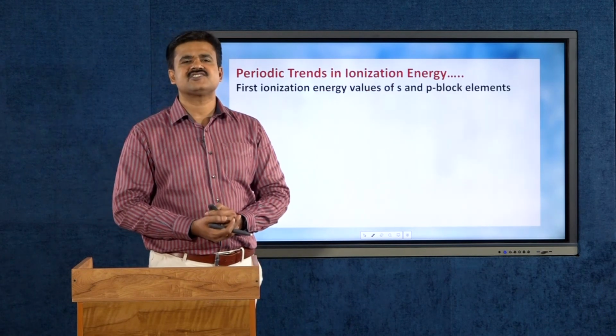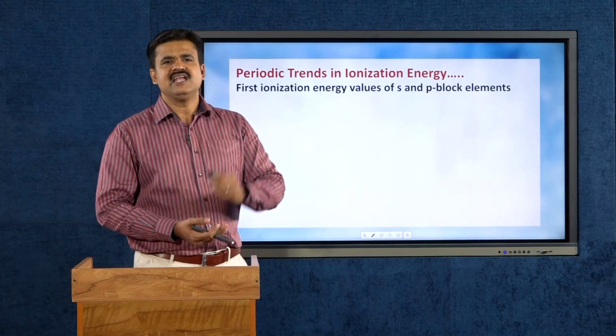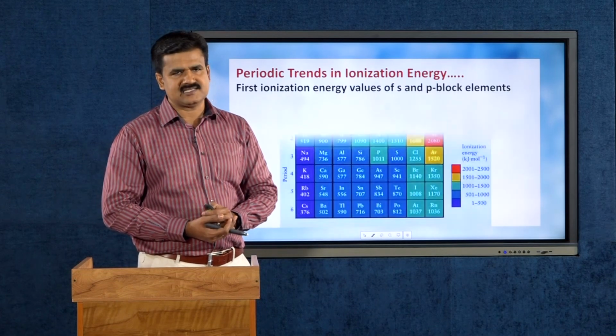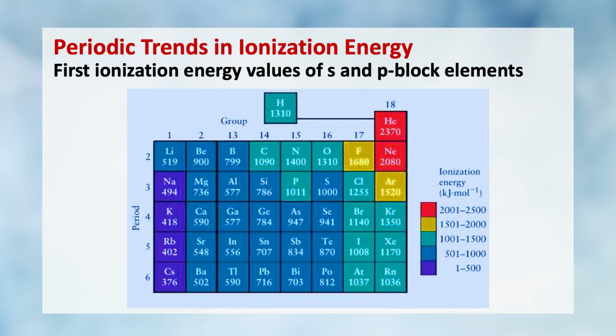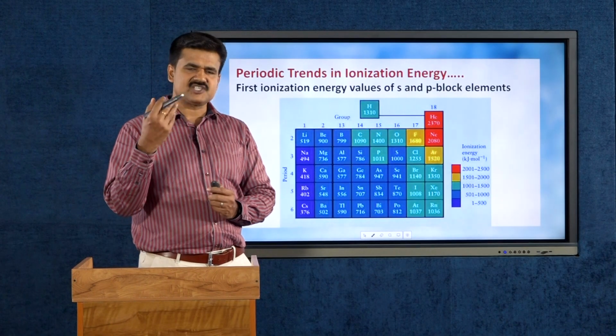First, ionization energy values of S and P block elements. This picture gives the first ionization potential values, and this is the periodic arrangement. This periodic arrangement excludes D and F block elements, and for convenience we are showing the ionization potential or ionization energy values of some S and P block elements. Some exceptions are noted.